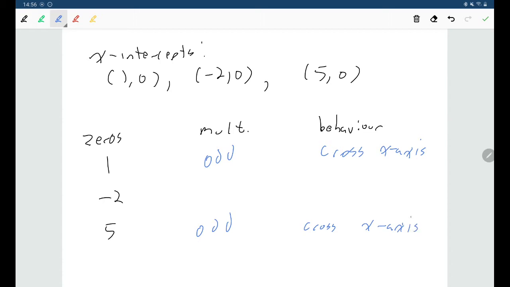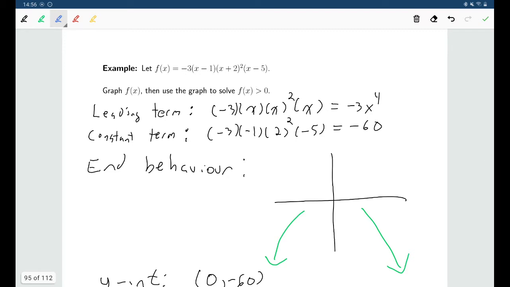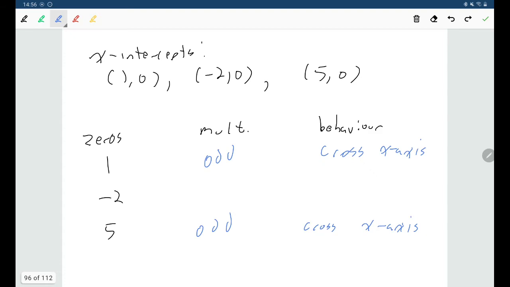And for the other x-intercept, which was at -2, notice that the factor it came from, x plus 2, has even multiplicity, a multiplicity of 2. So we had multiplicity of 1 and 1, which is an odd multiplicity for x being 1 and x being 5. We have even multiplicity, a multiplicity of 2, for x being -2. And if we have even multiplicity, that means that we will touch the x-axis.